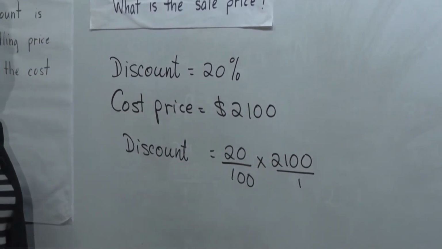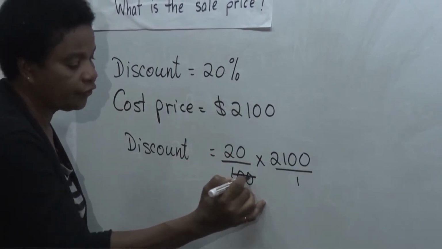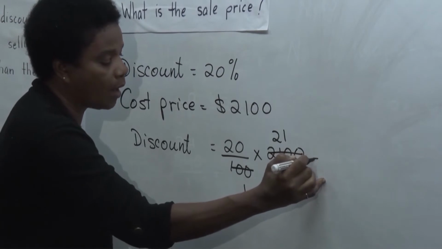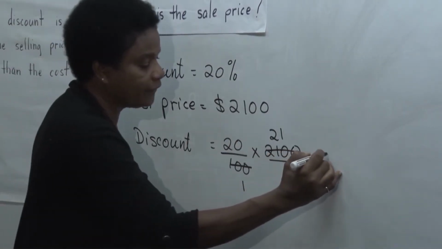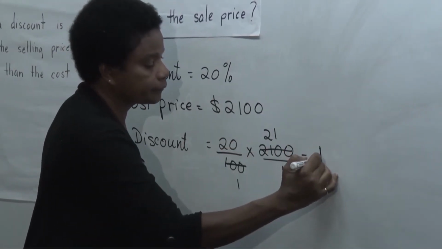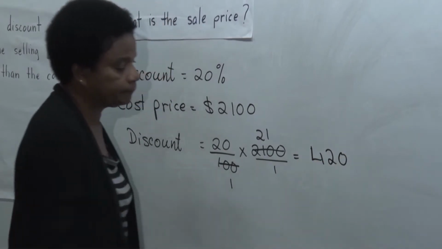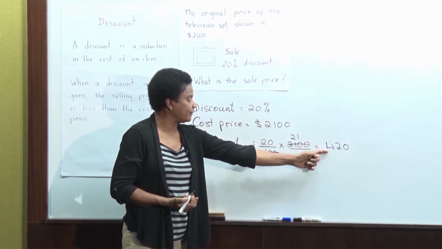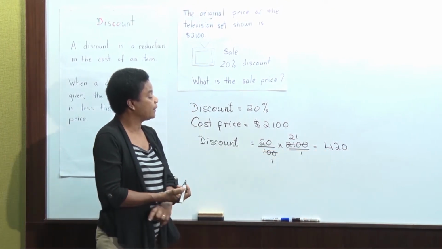So you work it out with me. 100 into 100, 1. 100 into 2,100, 21. And 21 times 20 would give me 420. So the discount is $420, but that's not what the question asks.